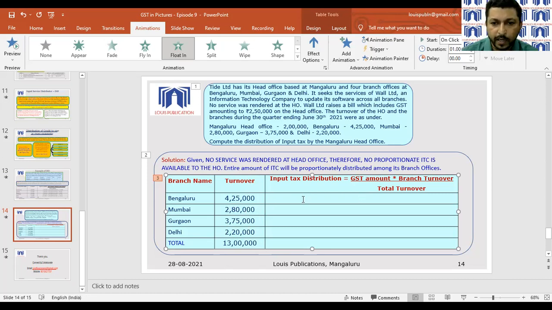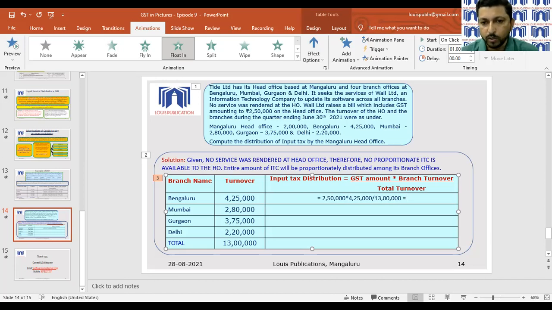Okay, now we will apply this particular formula. So is equal to GST amount is 2,50,000 into what is the turnover that we have? Turnover of the branch is 4,25,000. So I record 4,25,000 divided by the total turnover, 13 lakh.